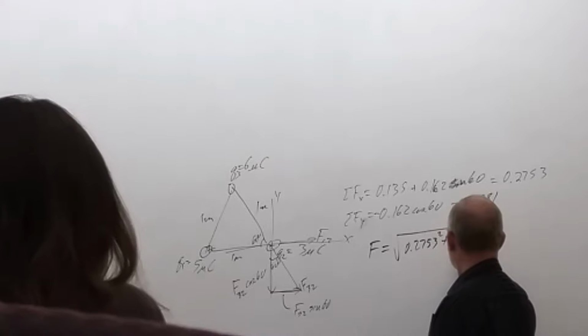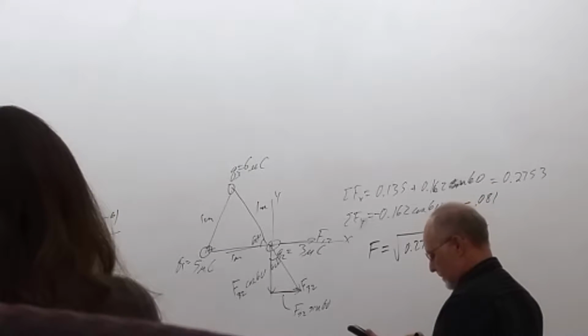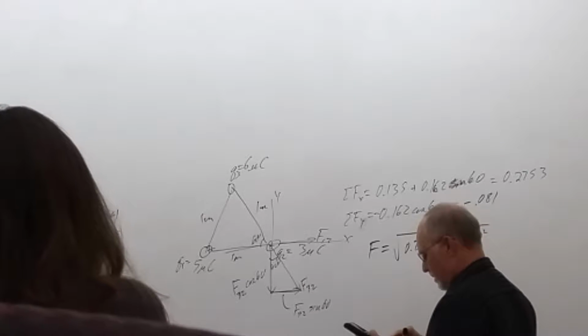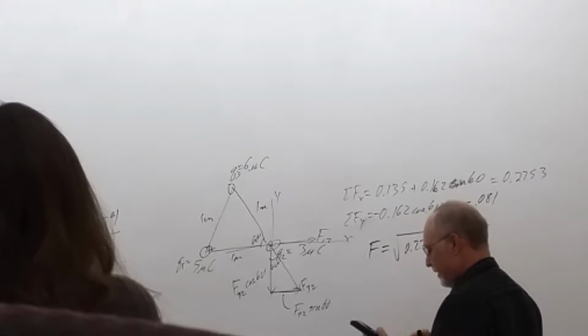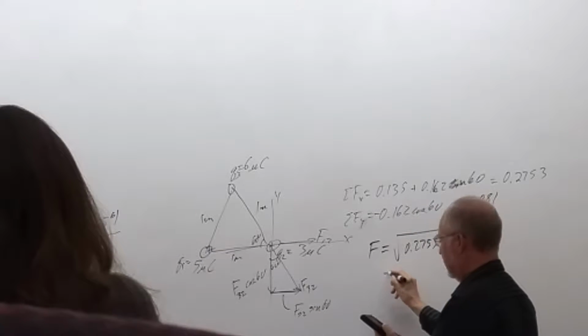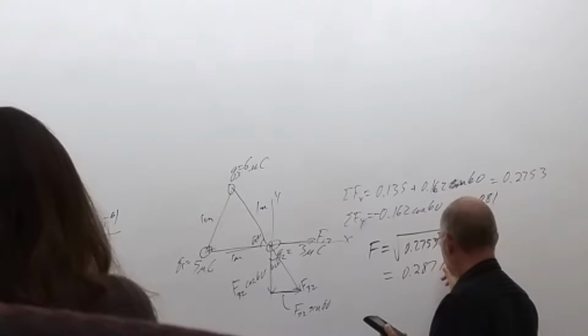And then your total force would be the square root of 0.2753 squared plus the negative 0.081 squared. So the square root of that squared plus that squared gives me a force of 0.287 newtons, rounded off.